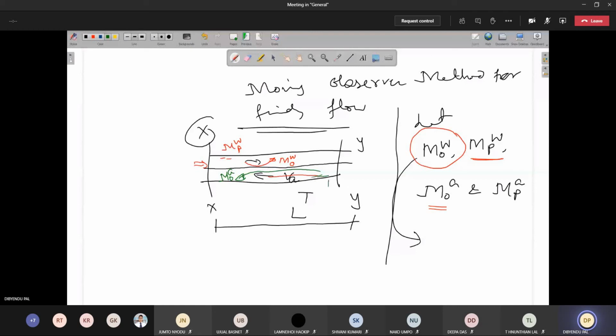That is denoted by MPA. So these are the 4 parameters, or 4 pieces of information, that we have to collect from the field.